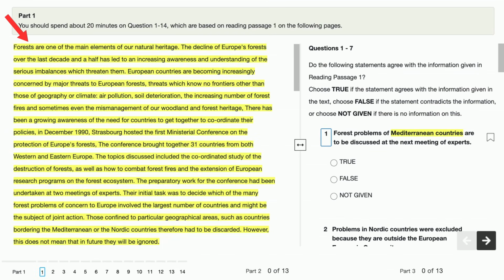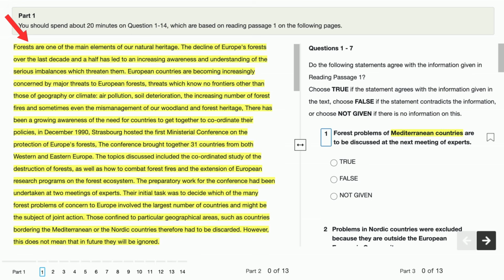Forests are one of the main elements of our natural heritage. The decline of Europe's forests over the last decade and a half has led to an increasing awareness and understanding of the serious imbalances which threaten them. European countries are becoming increasingly concerned by major threats to European forests, threats which know no frontiers other than those of geography or climate.